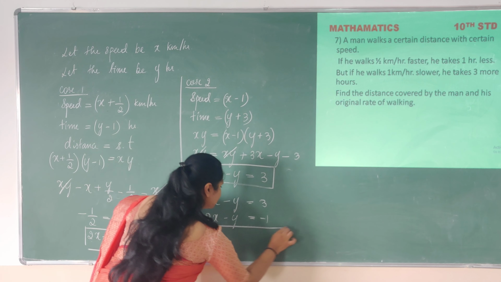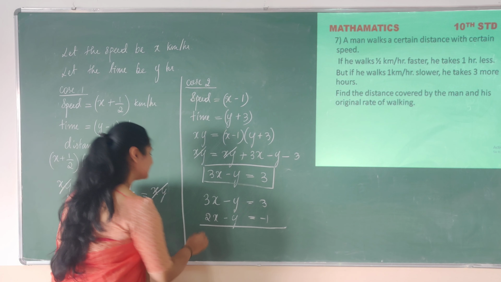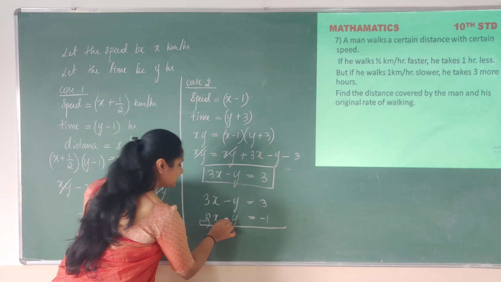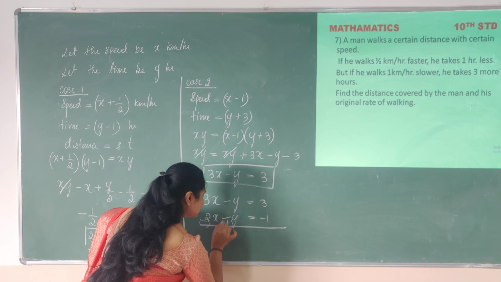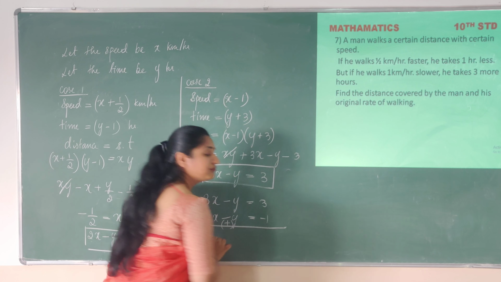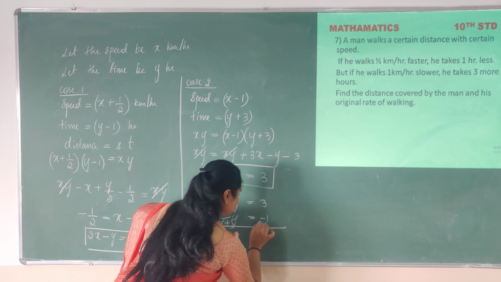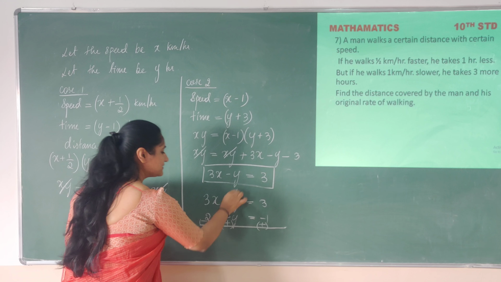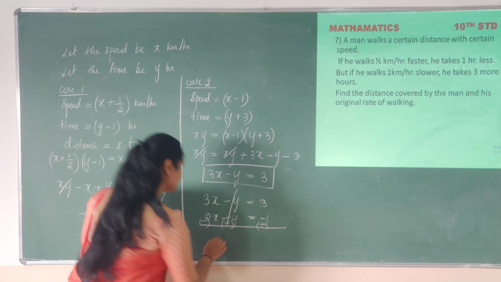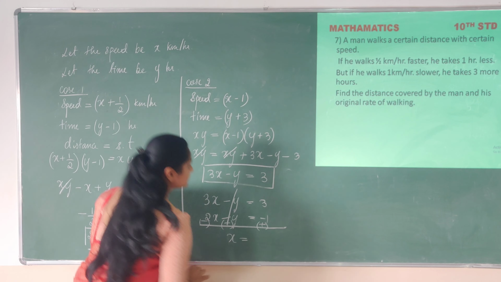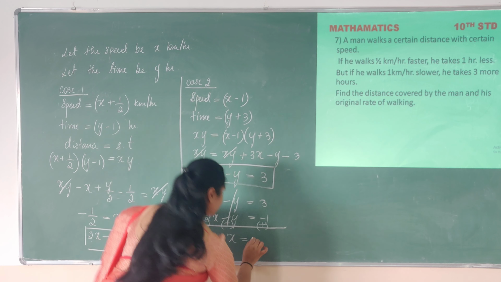We change the signs of the second equation: since you have minus y here, we take plus y, and here you have minus 1, we take plus 1. Now minus y and plus y get cancelled, and we have 3x minus 2x, which is x, equal to 3 plus 1, which is 4.